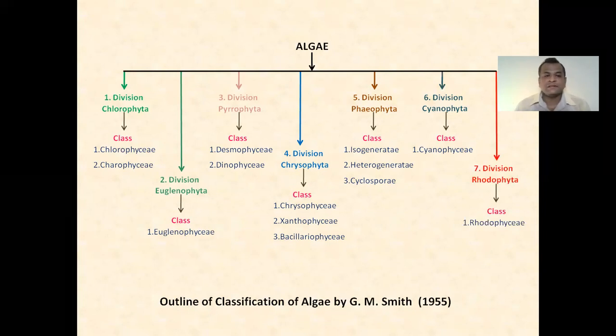Among these 7 divisions, the division Chlorophyta is known as green algae, division Phaeophyta is known as brown algae, division Cyanophyta is known as blue-green algae and division Rhodophyta is known as red algae. So this is a schematic presentation of the outline of classification of algae provided by G.M. Smith.